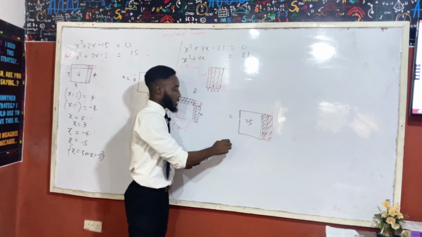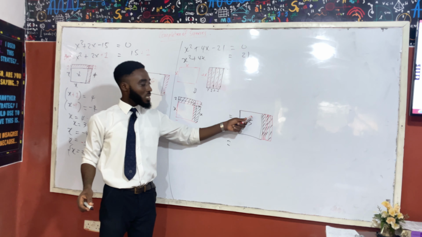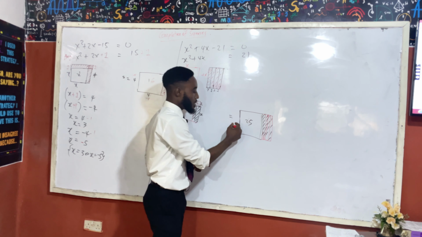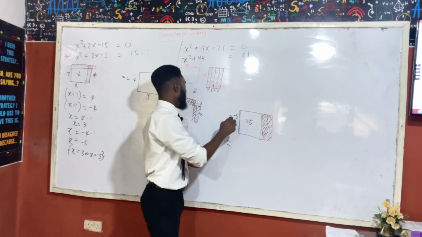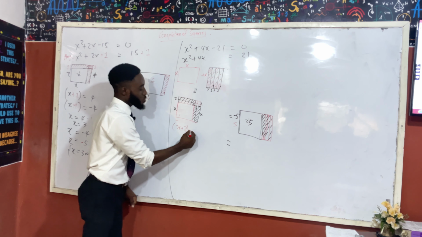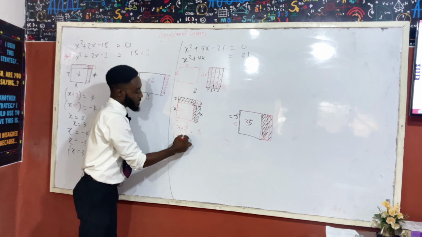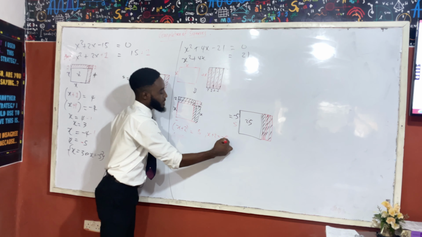equals to, if it's 25, then two numbers can square to give me 25. What are those numbers? 5 and then negative 5. Okay. So I can therefore say x plus 2 is equal to 5, or x plus 2 is equal to negative 5.